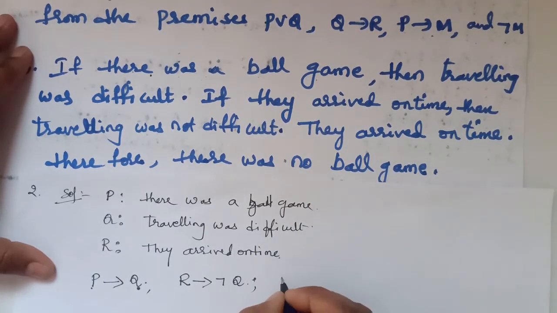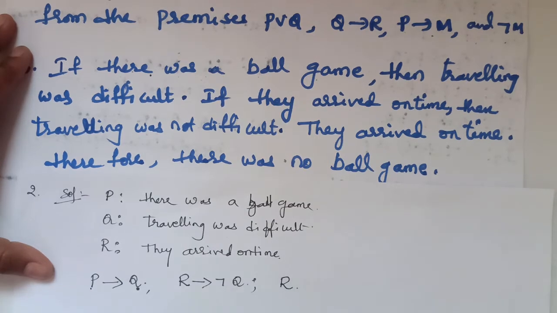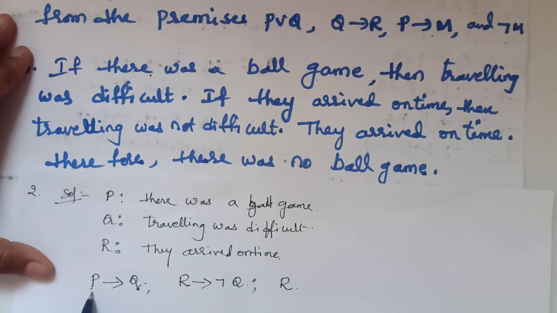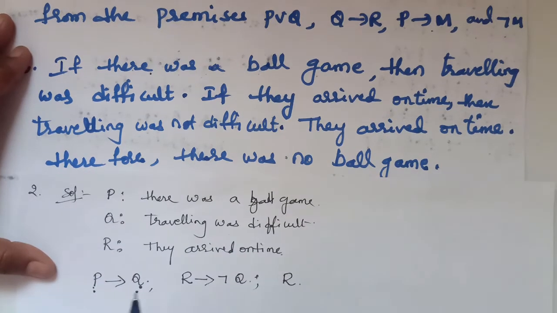So the third premise is R. So these are the premises we have written. P, Q are propositions. P conditional Q means if there was a ball game, then traveling was difficult. If they arrived on time, then traveling was not difficult. They arrived on time. So these are the three premises.